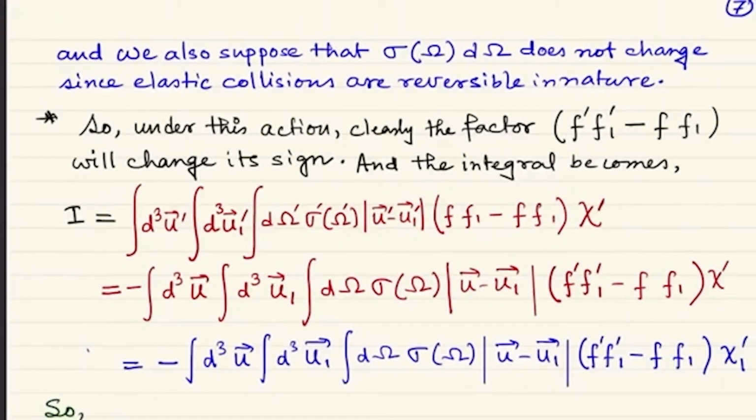Now check that according to the reversibility, this part will be unchanged, as we already discussed that in a binary elastic collision, the relative velocity before and after the collision of the two particles is the same. That is again the same as saying the coefficient of restitution is 1. This term will change its sign, so it will become negative.